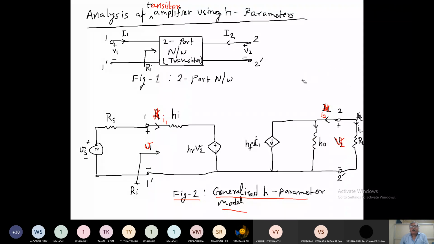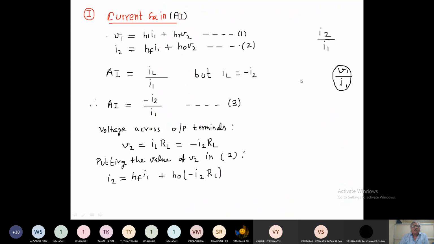Recall, while calculating the current gain, V2 is equal to minus IL RL is equal to minus I2 RL. So we will take this value of V2.